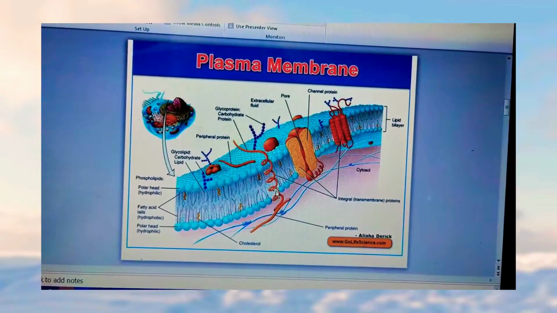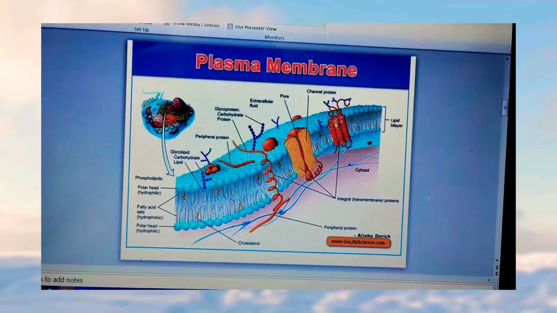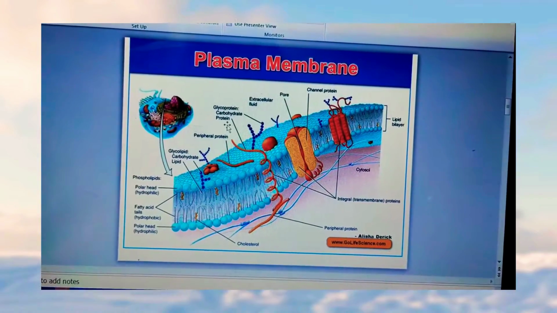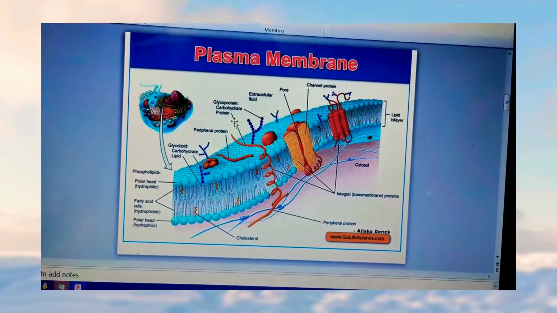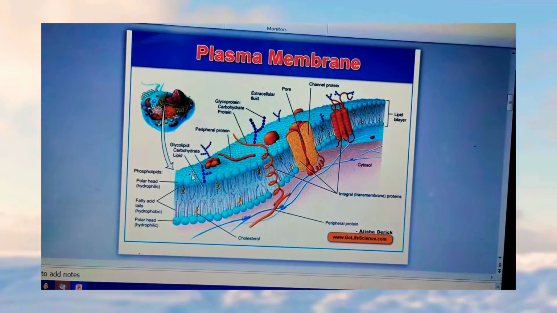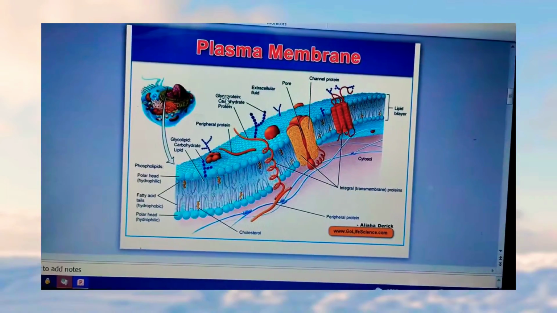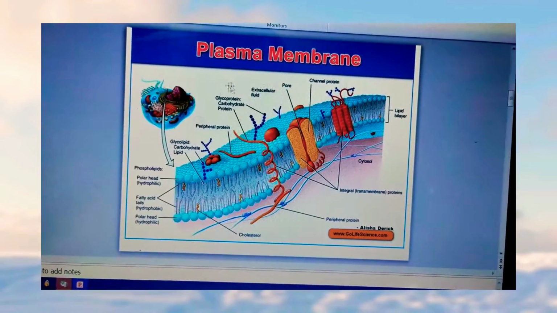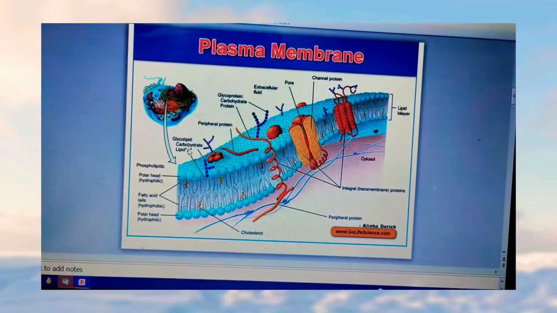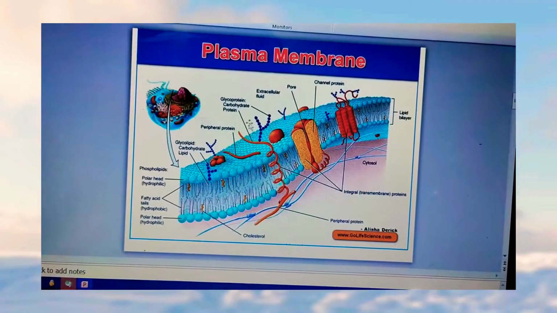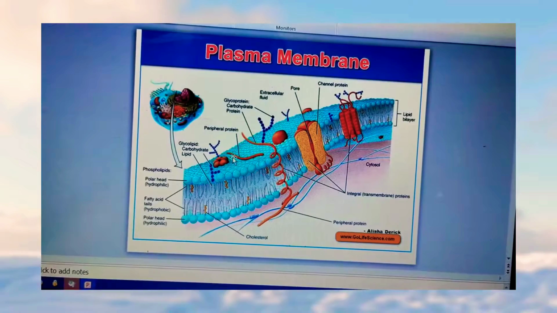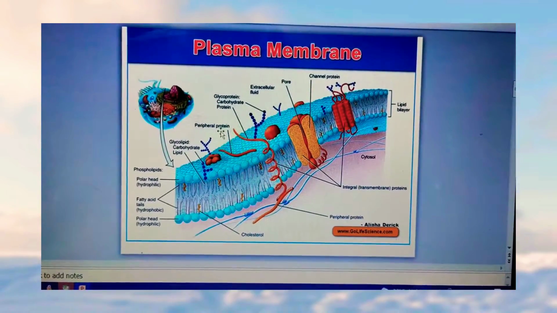As we have seen in the compositions, this plasma membrane is composed of fat, that is lipid, protein and carbohydrates, and the carbohydrate is either attached to protein or to a lipid. If it is attached to protein, it is glycoprotein, and if it is attached to lipid, it is glycolipid.